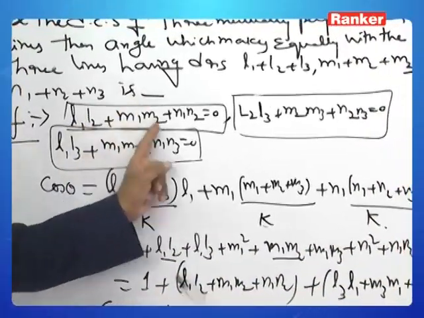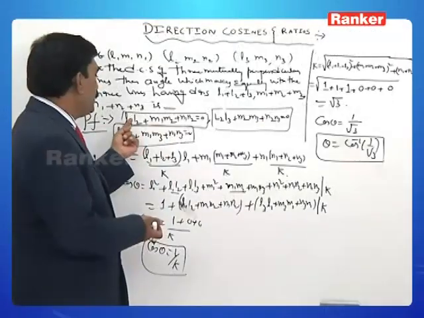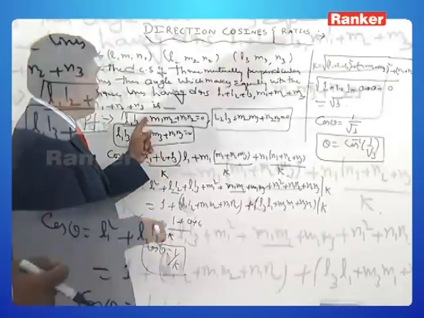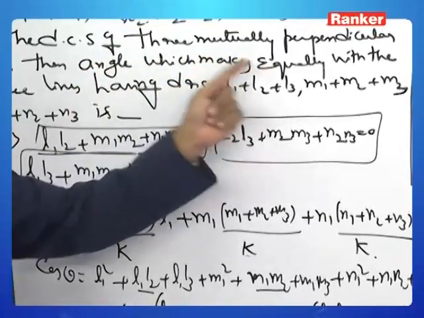So therefore, let us recall once again. Now these are the three mutually perpendicular lines. Therefore, cos 90 is equal to 0 for 3 times for the 3 lines. So therefore, L1L2 + M1M2 + N1N2 is equal to 0. Similarly for these two, right?